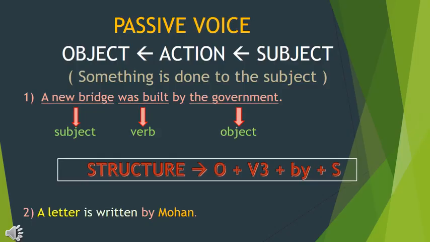A letter is written by Mohan. Who writes a letter? Mohan. Here, doer of the action comes as an object. What does Mohan write? A letter. So, in passive voice, object takes the place of subject. So, a letter is subject, is written is verb, Mohan is object.